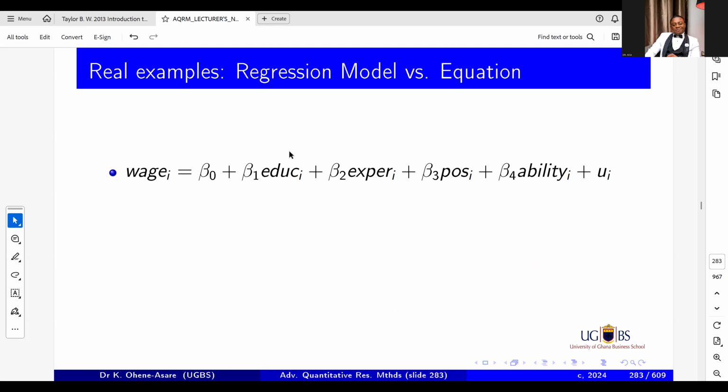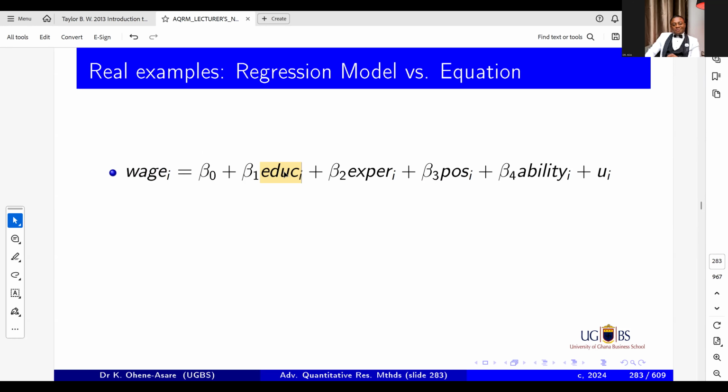It's a multiple regression model. Now, my interest is for you to be able to think and tell me other factors. We all know that the wage of a person, the salary of a person, is affected by the person's education.